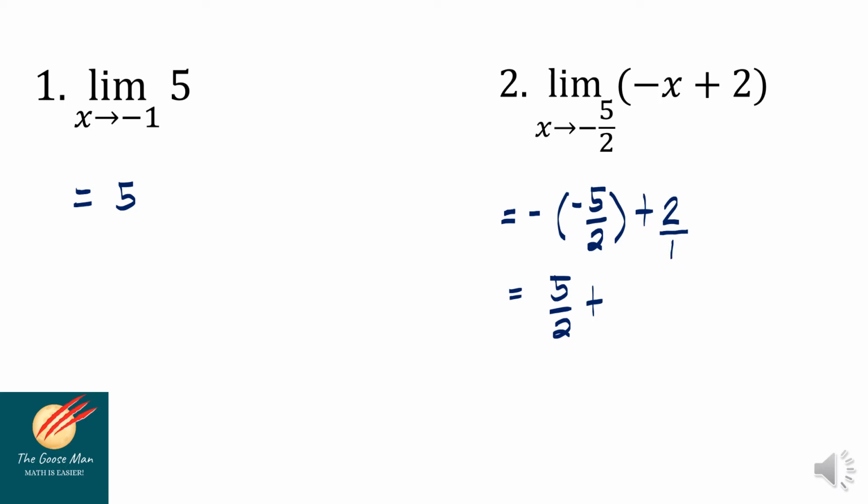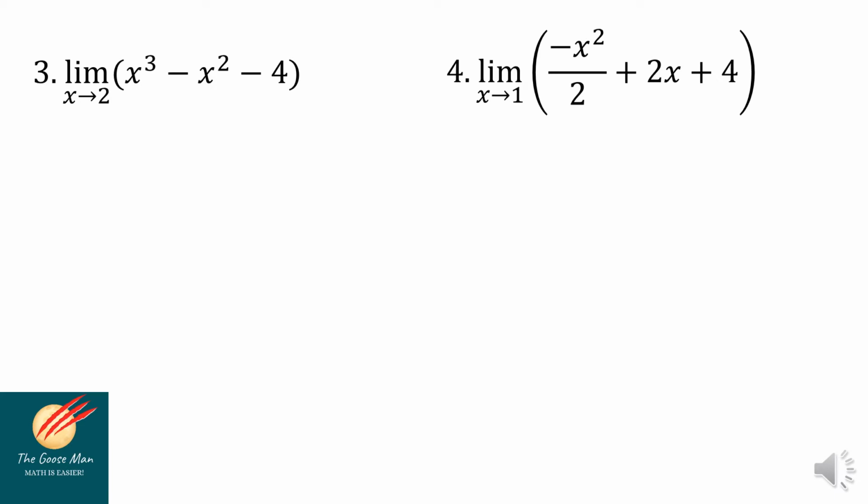To make the common denominator, 2 divided by 1 times 2 is equal to 4, and copy the same denominator. So I have here 5 plus 4 is 9 over 2. So the limit of negative x plus 2 as x approaches negative 5 over 2 is equal to 9 over 2.